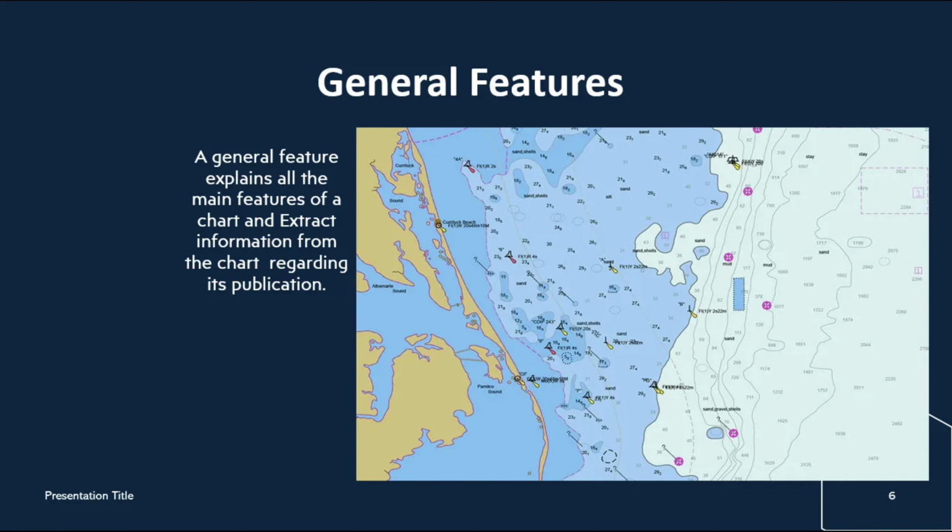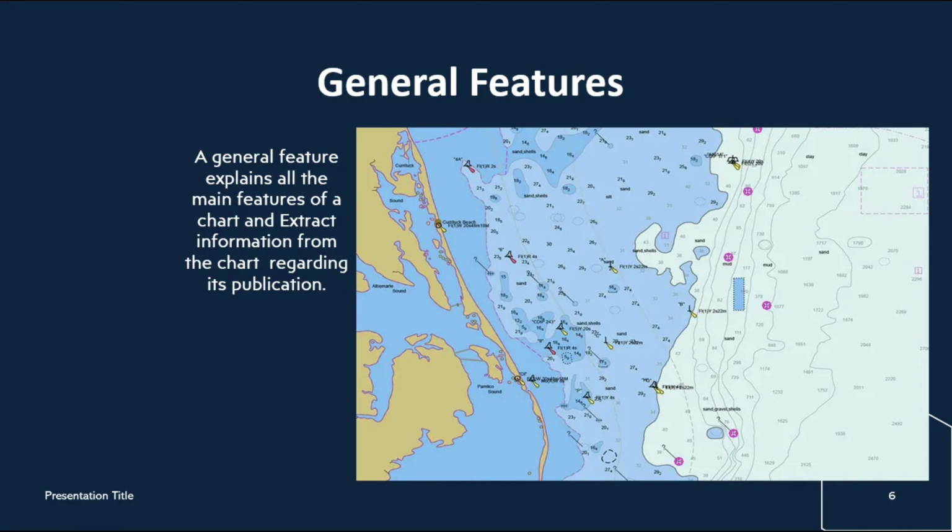Other information given on the general features are the paper chart symbols, INT or the international symbols, or the IHO symbols, International Hydrographic Organization, and NOAA symbols on the charts produced by the National Oceanic and Atmospheric Administration.